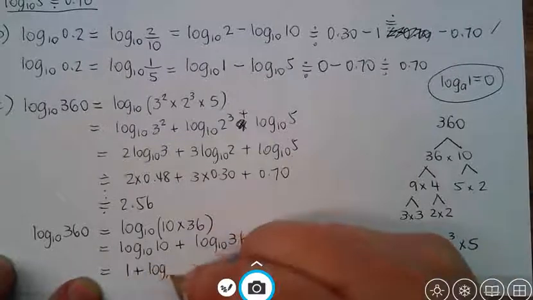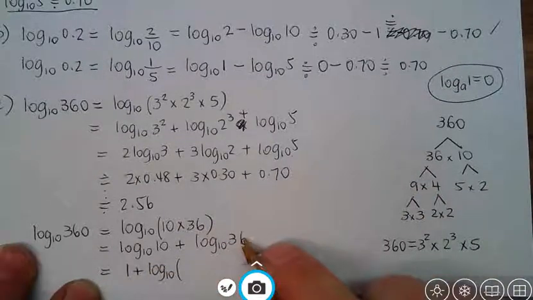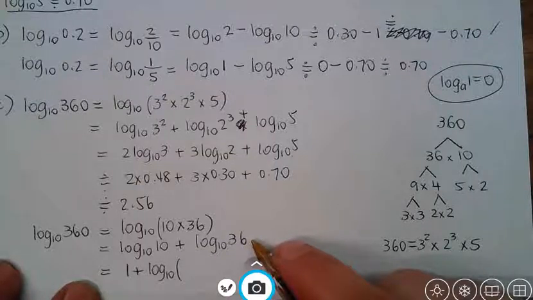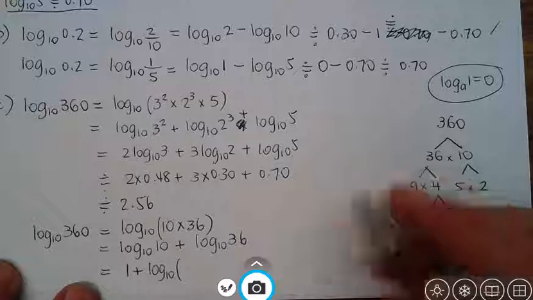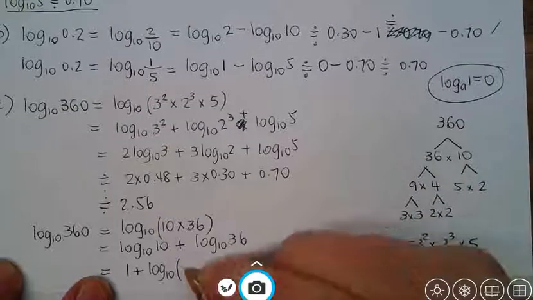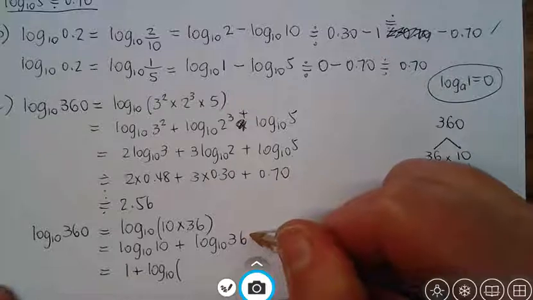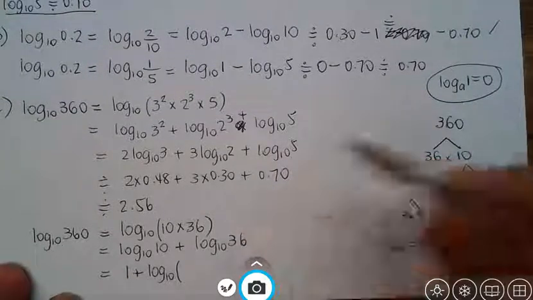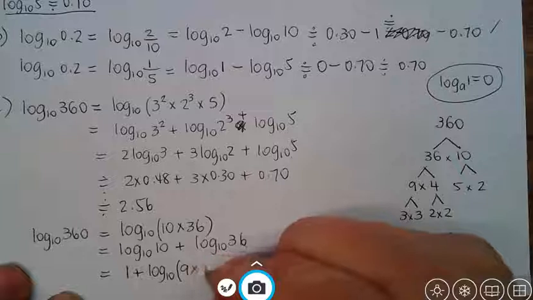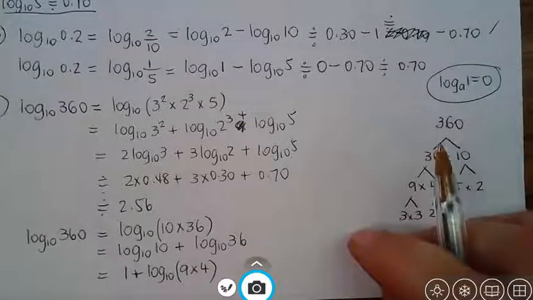So we'll go, look, 36 is 9 times 4, or you could have gone 18 times 2, but we'll go 9 times 4, I think is better. Okay, now we're going to continue over the page.